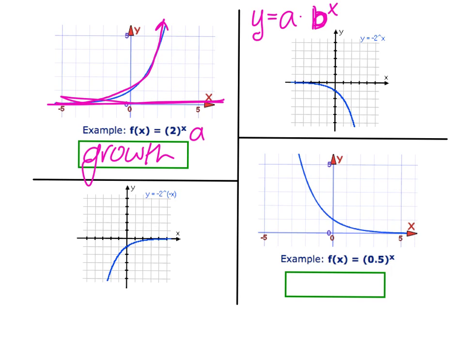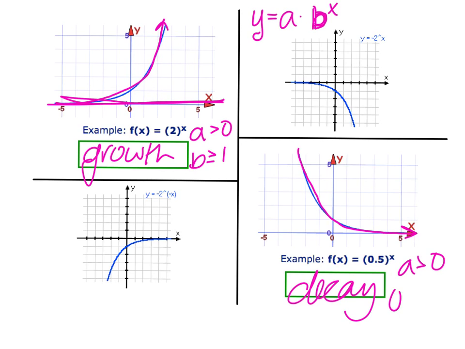And here, a is going to be bigger than 0, and b is going to be bigger than 1. Down in the bottom corner, we have this function that's going down, and that's a decay function. With decay functions, a is going to be greater than 0, but b is going to be somewhere between 0 and 1. We'll learn more about these two tomorrow.